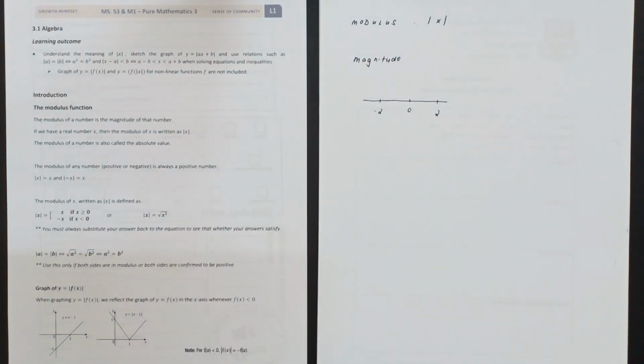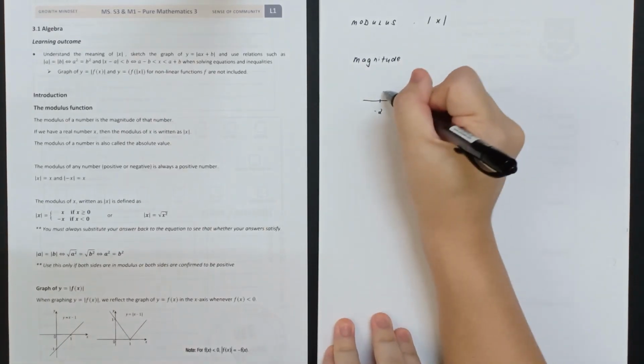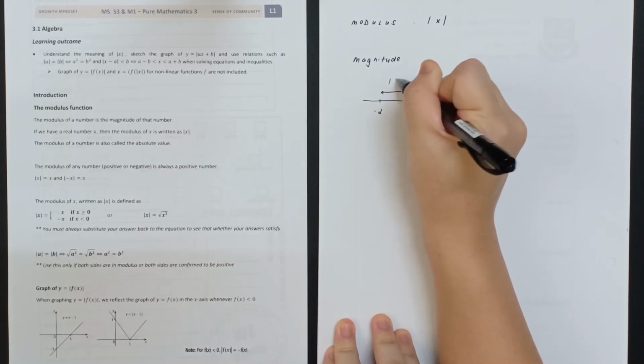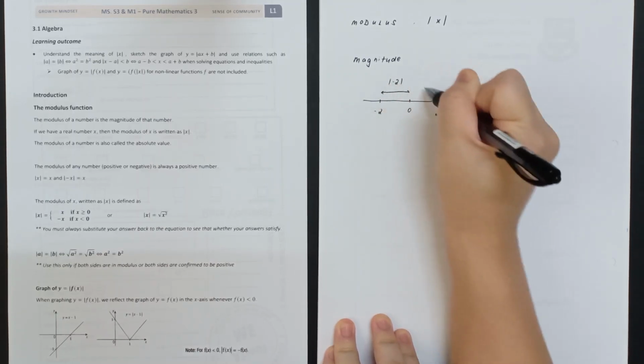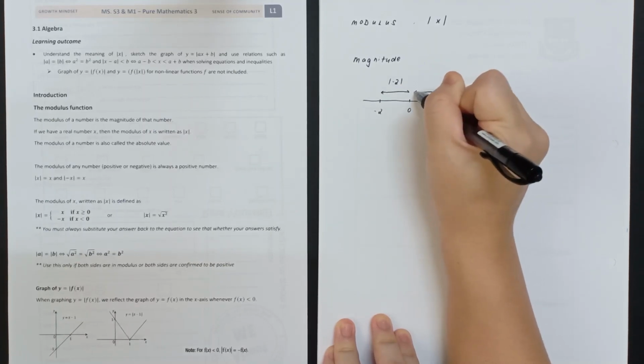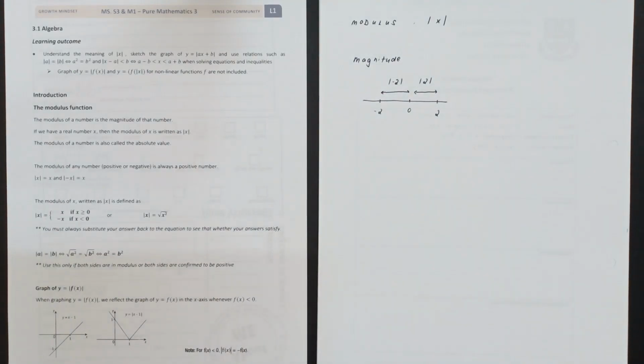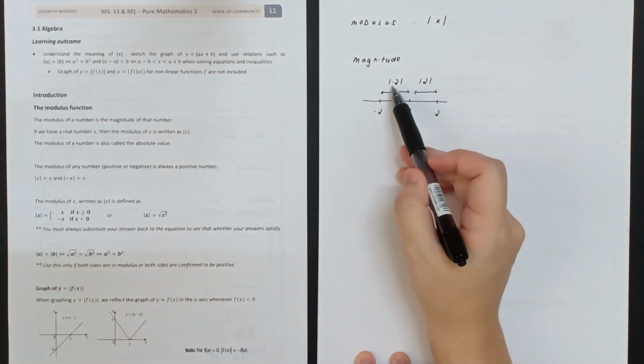What does modulus mean? If I am talking about the distance without knowing whether it's on the negative side or the positive side, I only want to find how far the value is from 0. These are all magnitude.